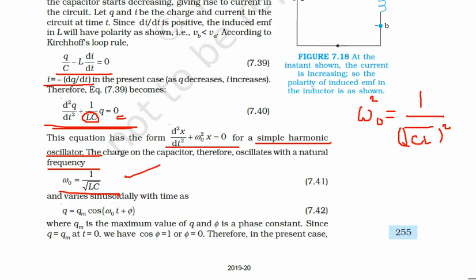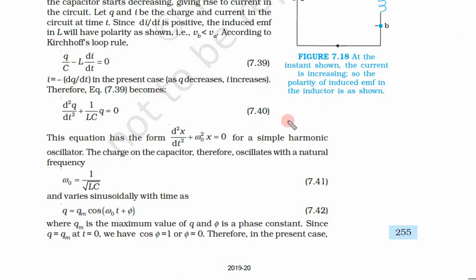So what we have seen? The charge on the capacitor oscillates with the natural frequency omega 0, which we have previously calculated as 1 by under root LC, and we have compared with the equation of simple harmonic motion. So charge or current is doing simple harmonic oscillation.